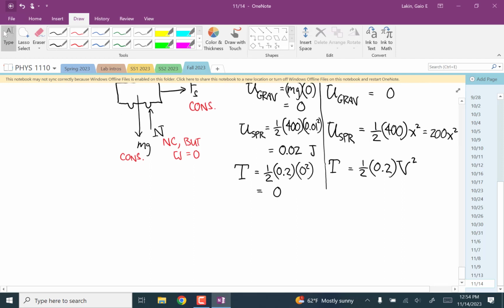And now we can plug this all into conservation of mechanical energy. So we have 0 plus 0.02 plus 0 is equal to 0 plus 200 x squared plus 0.1 v squared if you multiply the half and the 0.2.